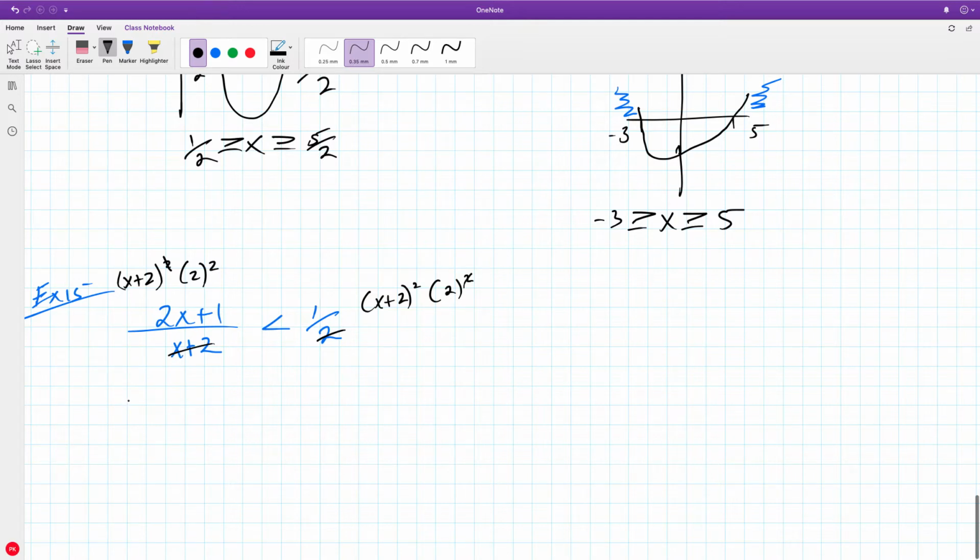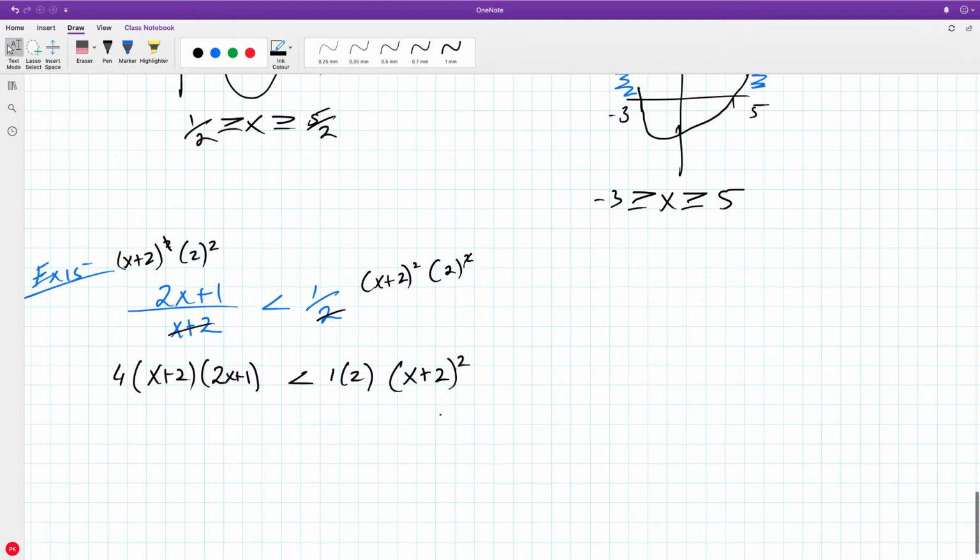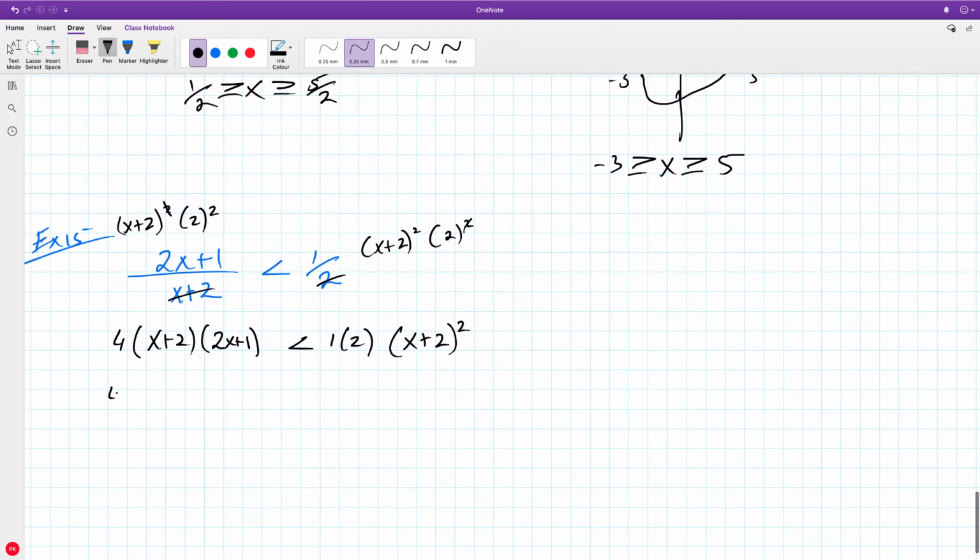So, you're left up here then with 4 times (x plus 2) by (2x plus 1) less than or equal to 1 times 2 times (x plus 2) squared. Yeah? That's 4 times (2x squared plus 1x plus 4x plus 2) less than 2 times (x squared plus 4x plus 4).